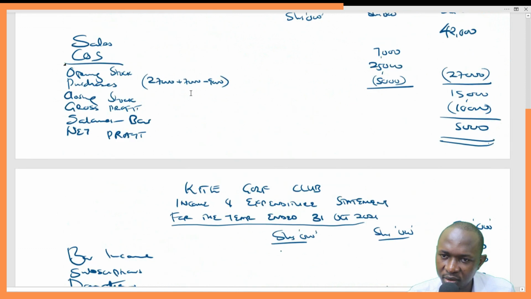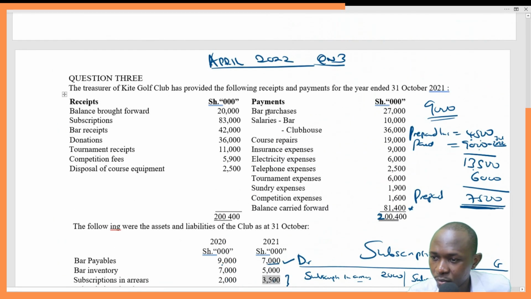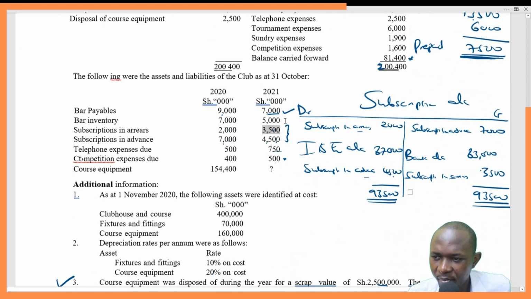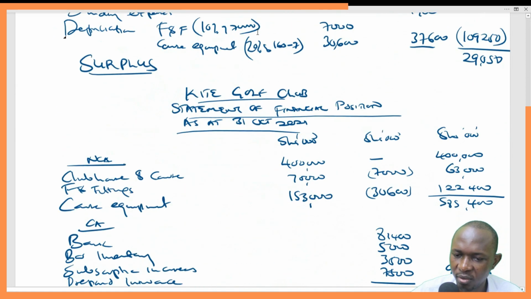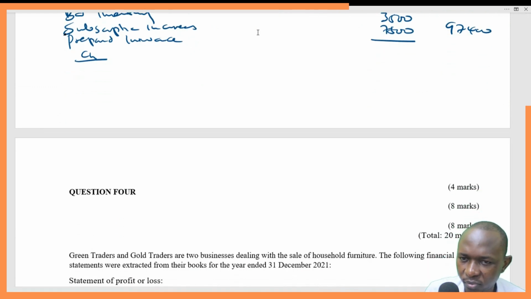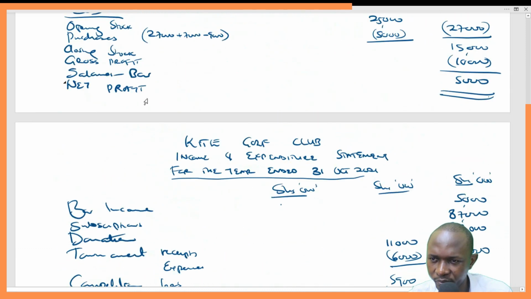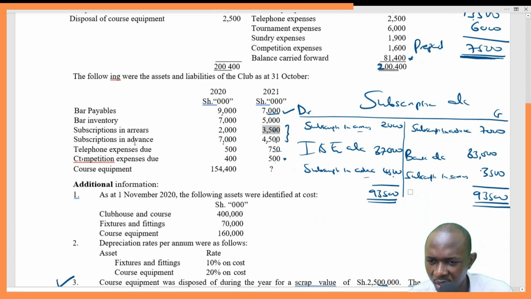These are outstandings. We start with bar payables 7,000. Next, subscription in advance 4,500.